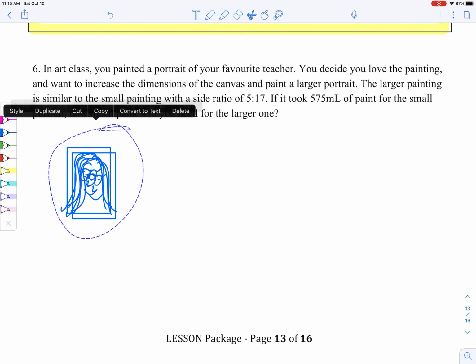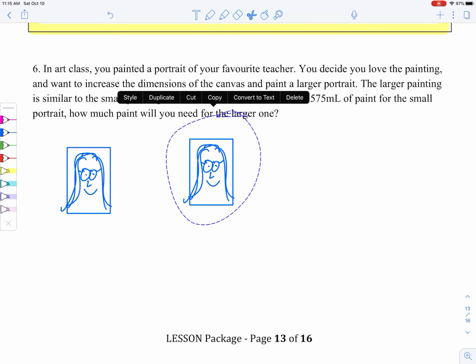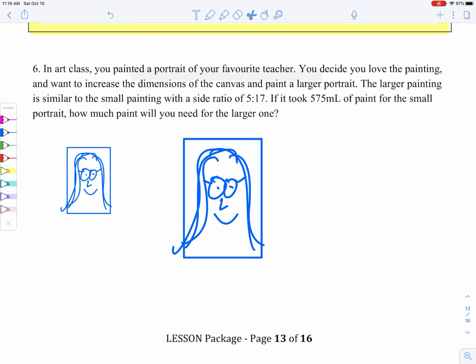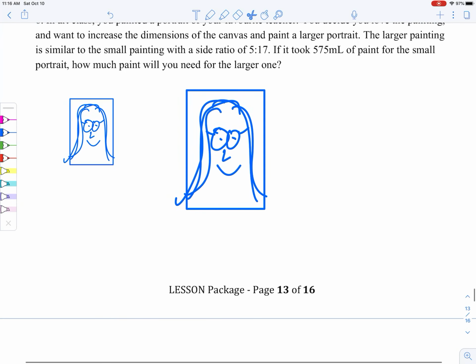So if we make this a larger portrait, the larger painting is similar to the small painting with a side ratio of 5 to 17. So the ratio of the sides is going to be 5 to 17.